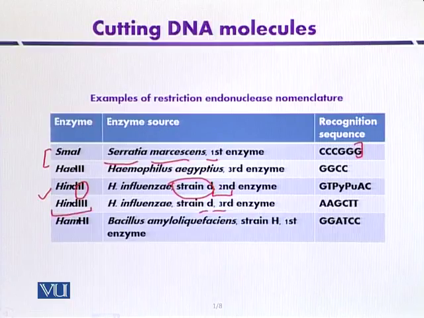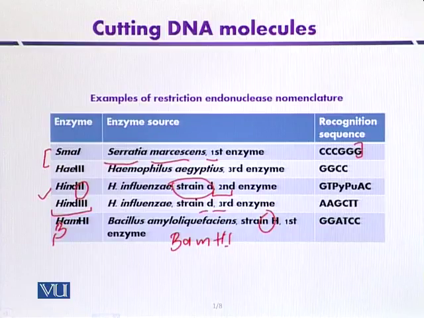Then another important enzyme is BAMH1. The B is from Bacillus, and AM from amyloliquefaciens, and the strain is H, and it is the first enzyme that was isolated. So this enzyme is BAMH1, and this is the recognition sequence that it recognizes, a 6 base pair sequence, GGATCC.